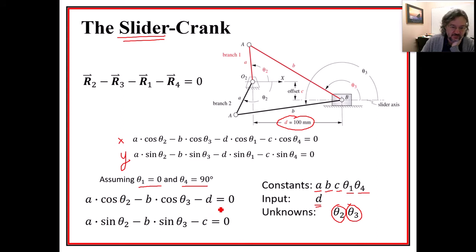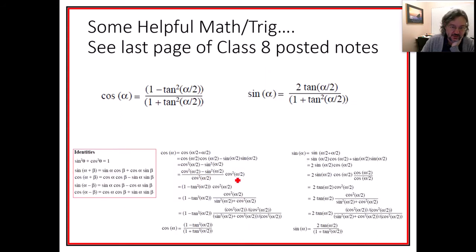So, what we're going to do, these are some things that we might want to know as part of this, some helpful mathematics. In order to solve these into equations that are easy to manipulate, we want to use identities, many of which begin with sine squared of theta plus cosine squared of theta equals 1.